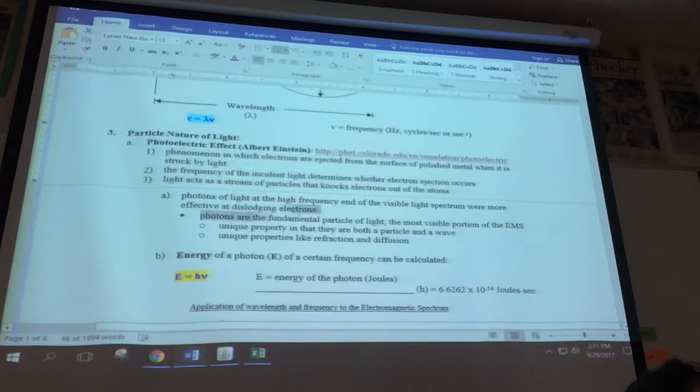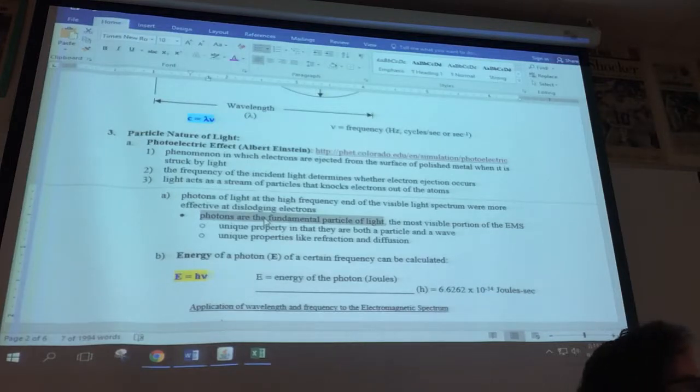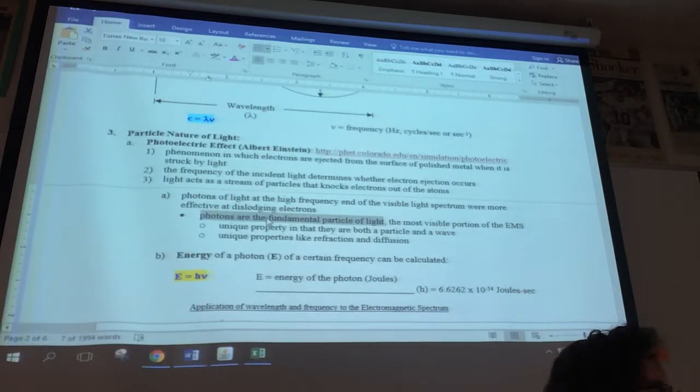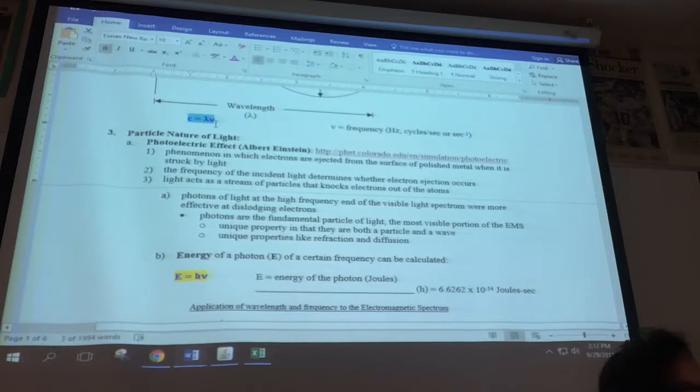Photons are the fundamental particle of light, the most visible portion of the electromagnetic spectrum, and photons have a unique property in that they're both a particle and a wave. So we can link light to electrons through the photoelectric effect, and understanding waves will help us better understand electron behavior. We established that the wavelength and the frequency are inversely related.